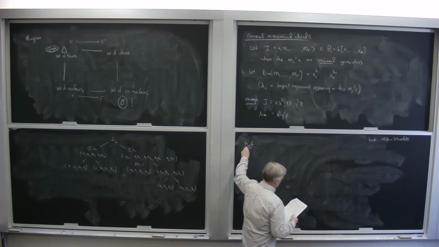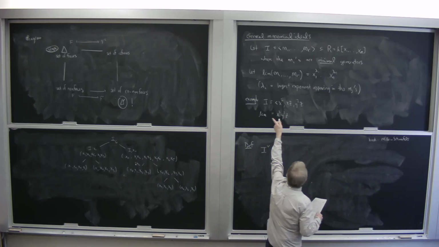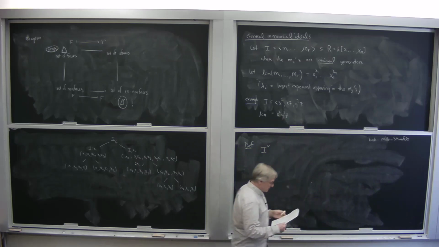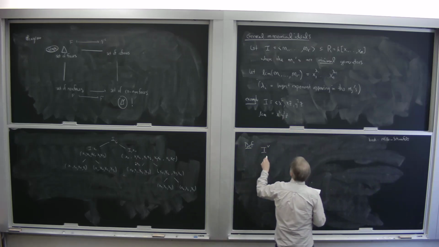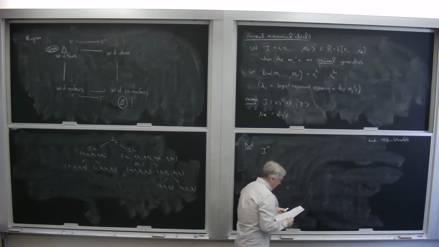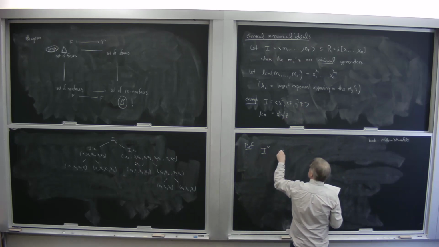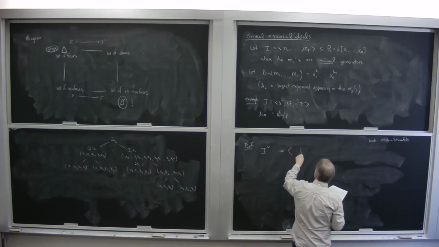So anyway, here we have the definition now. We have an ideal I and this LCM here. This is a monomial ideal. And I hat, the Alexander dual, is going to be the following ideal.